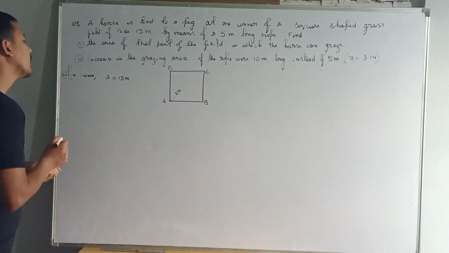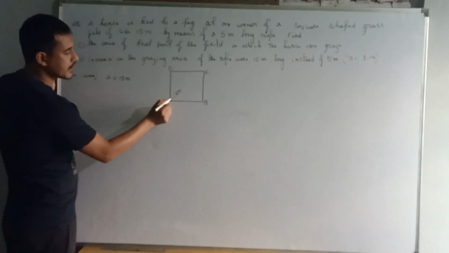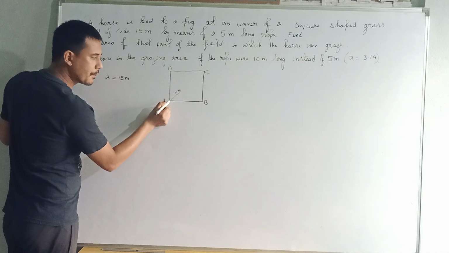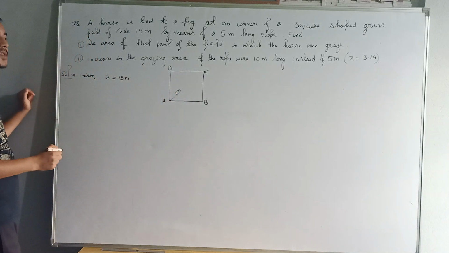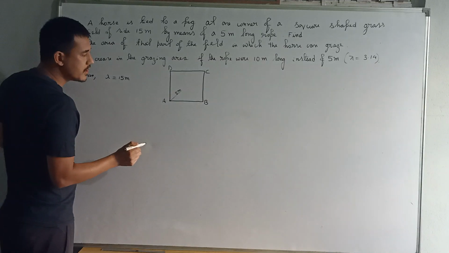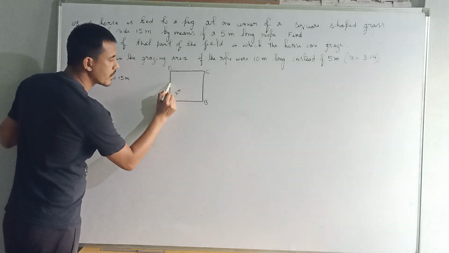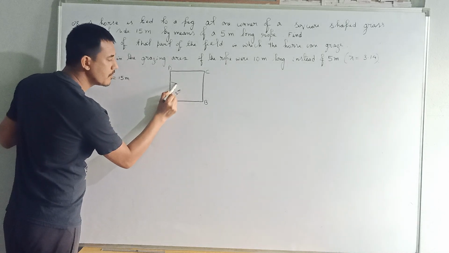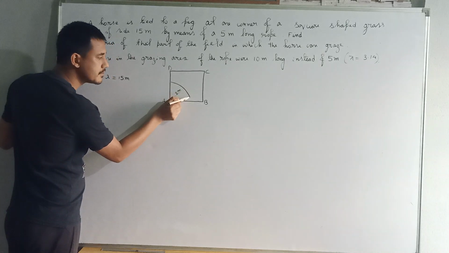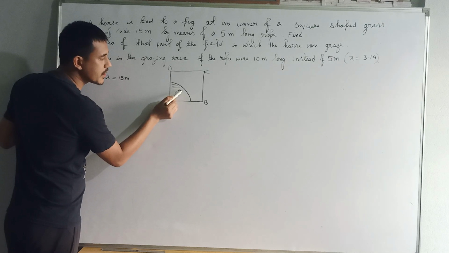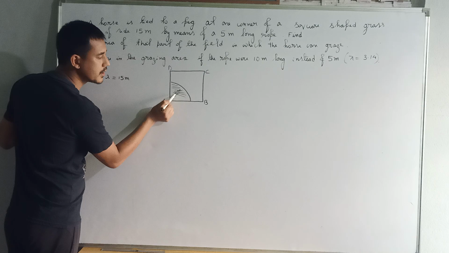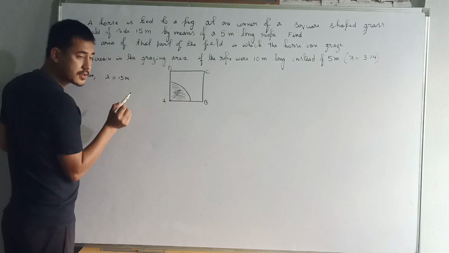Now, if the horse is tied at this point A by a 5 meter long rope, what is the area the horse can graze? In that case, the horse can move over this region. This is the particular region of the field in which the horse can graze.